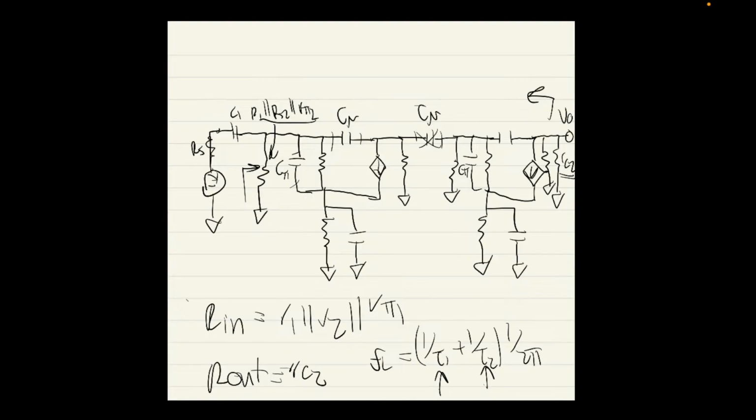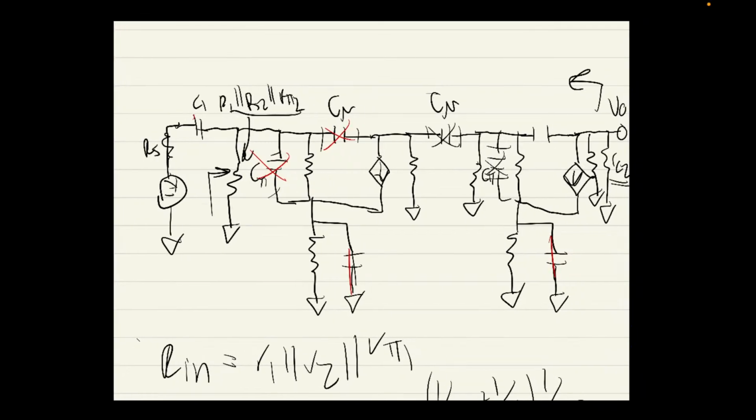You would open circuit all of these, open circuit this one as well, and then you would short circuit a lot of these external capacitors like that. This one would be open circuited in any case.